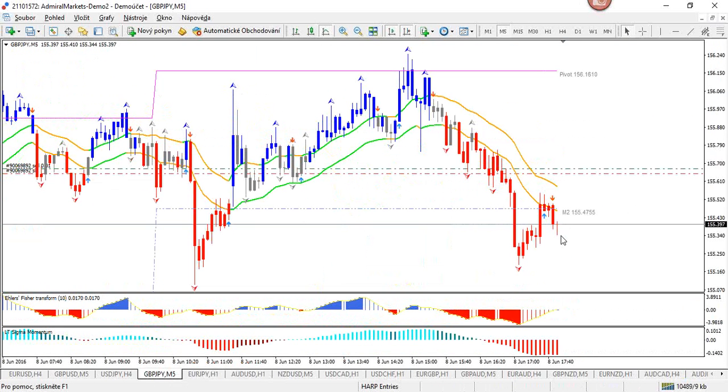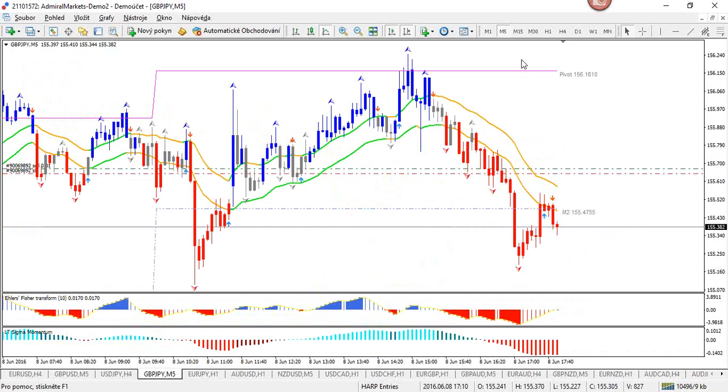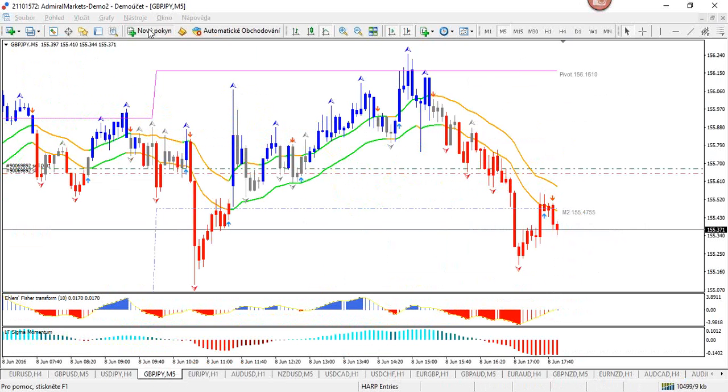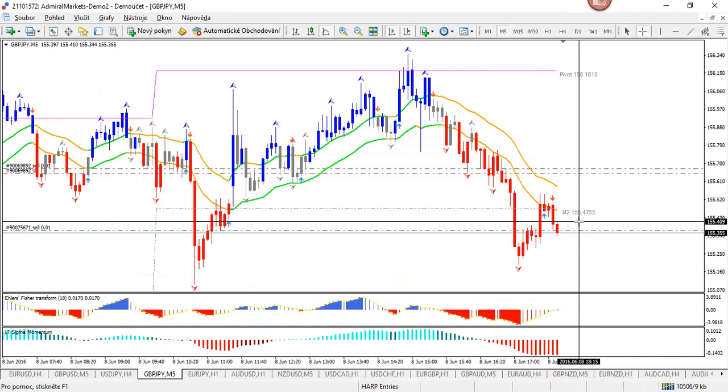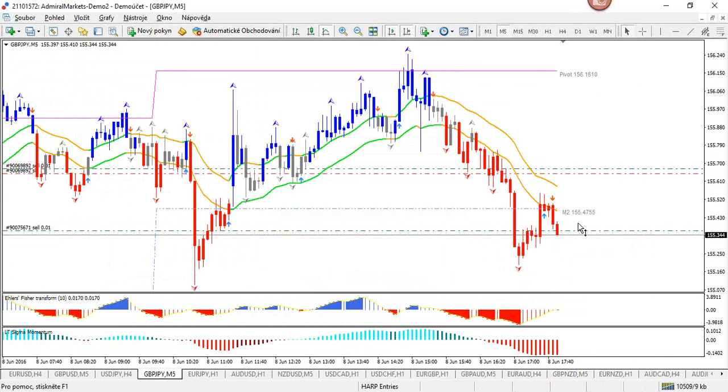All right, so pound yen, we have an arrow, and that could be a continuation with the arrow. Oh, unfortunately, it just moved away from me a bit. All right, let me go to 60-ish.